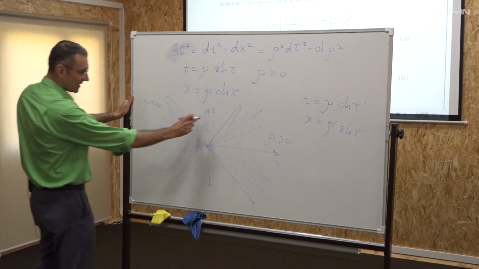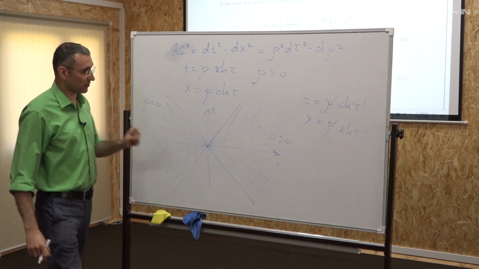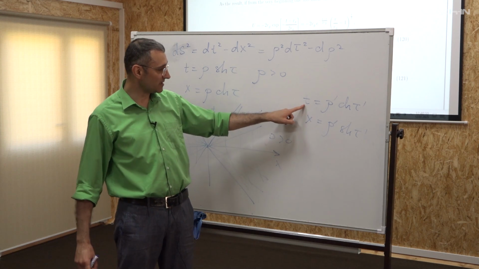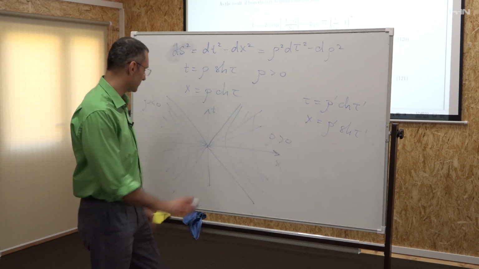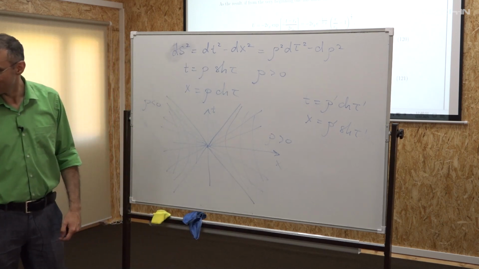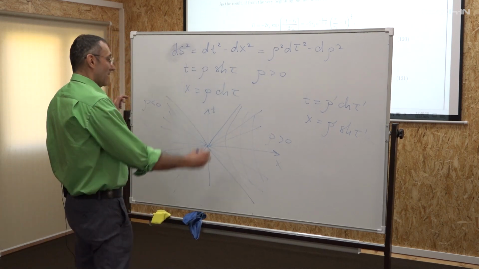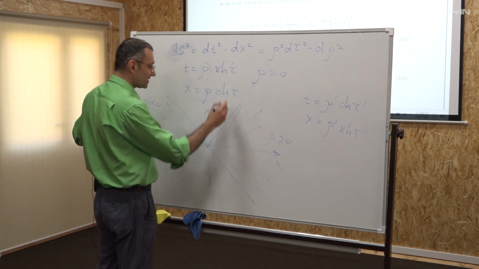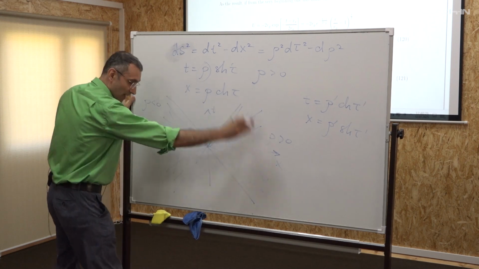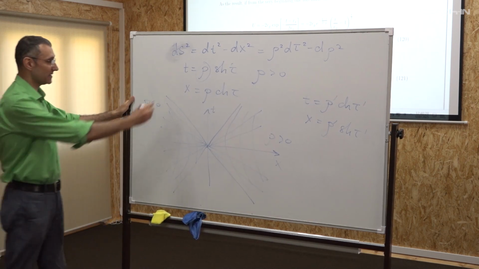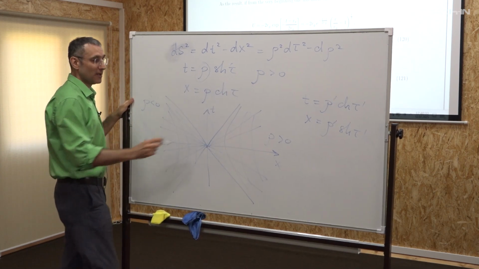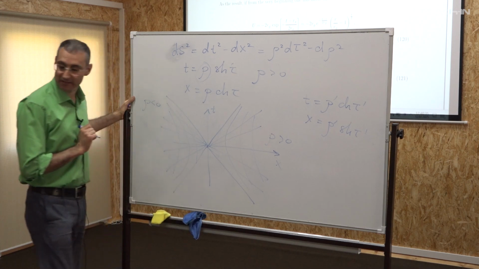Then I cover this quadrant, because cosh is always greater than sinh, so t is always greater than the modulus of x. For rho negative it will be this quadrant. So these coordinates I can use only in this quadrant, but t and x I can use everywhere. Rho and tau only in this quadrant or this quadrant. Rho prime and tau prime in this quadrant and this quadrant.